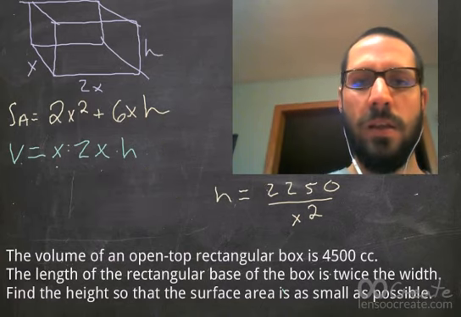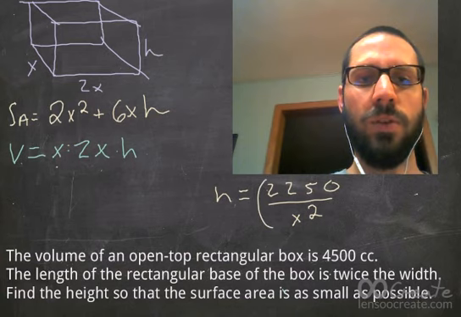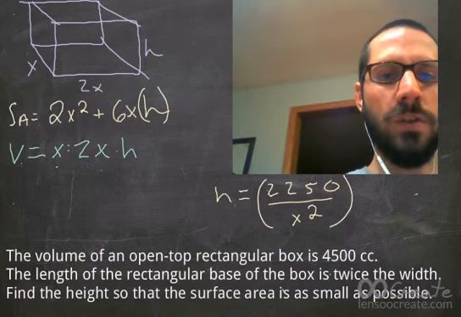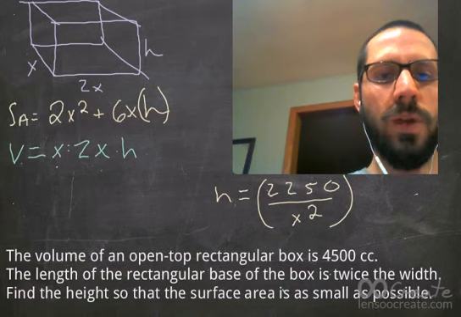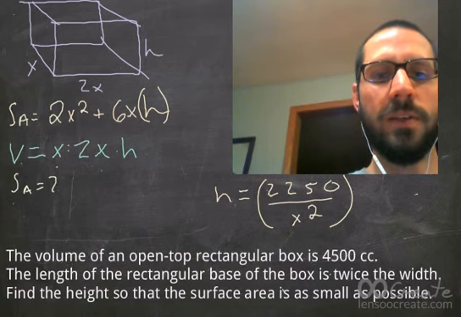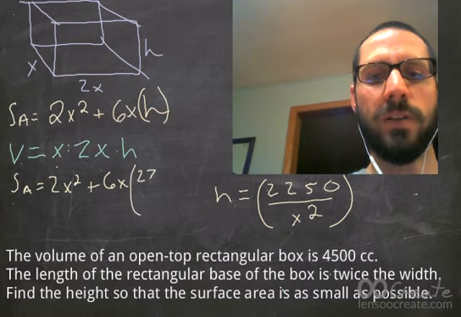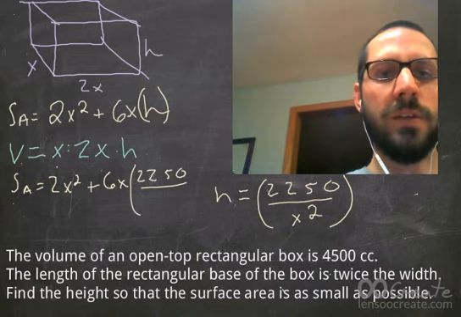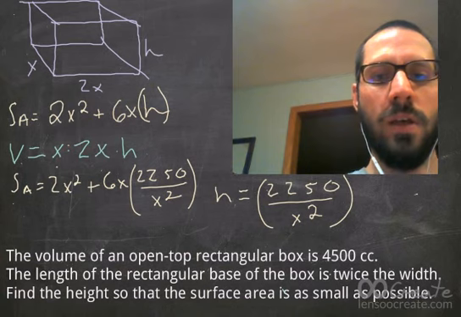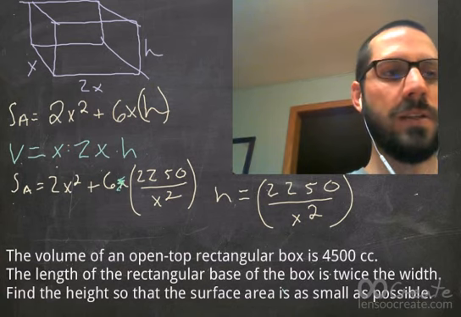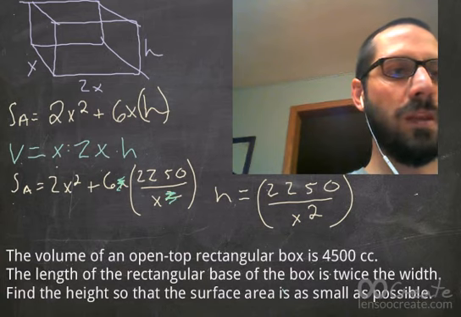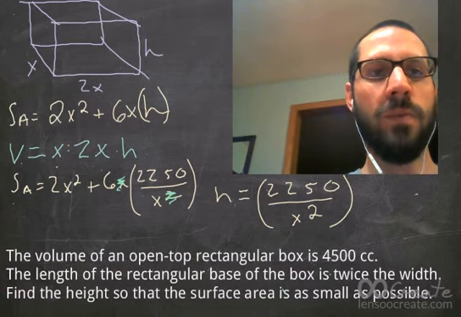So then if we plug that guy in here and do a little simplification, surface area equals 2x squared plus 6x times 2250 over x squared. We're going to cross out this x with an x squared, and then 6 times 2250 is 13,500.